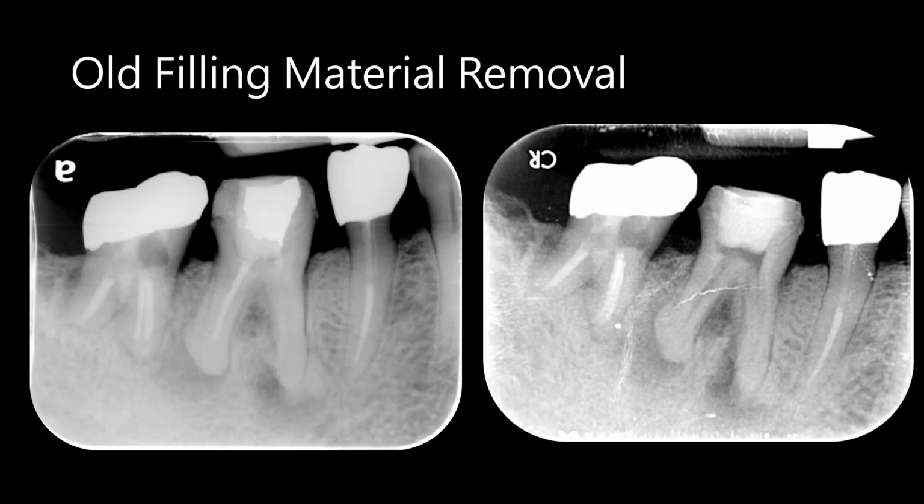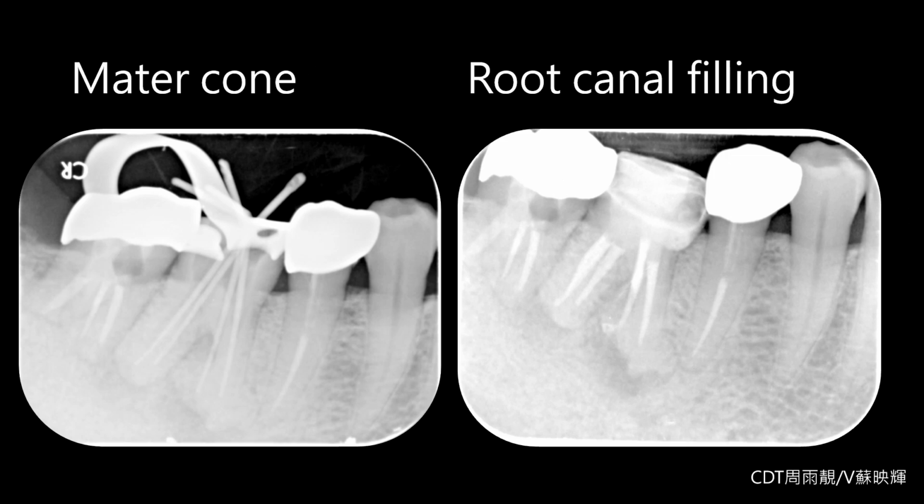After we found all four canals, we removed all the filling material. Sorry for the scratch here. We used rotary instruments to clean, sodium hypochlorite, and passive ultrasonic irrigation. After that, we used the lateral compaction technique to fill the canals.